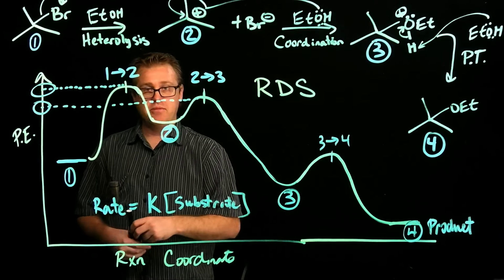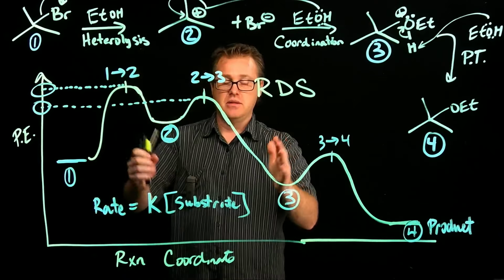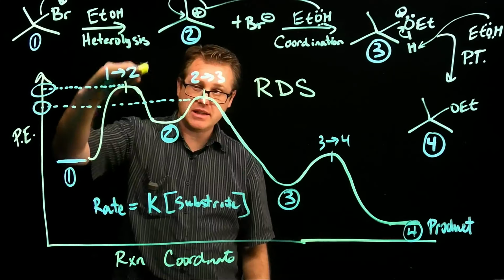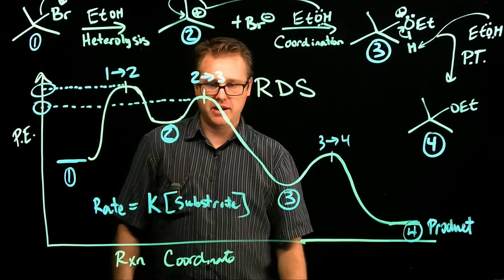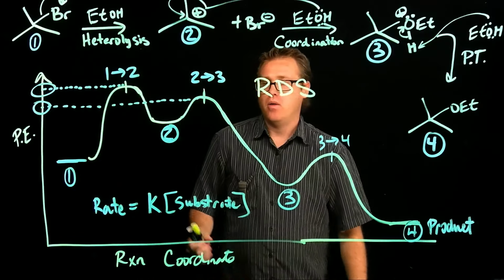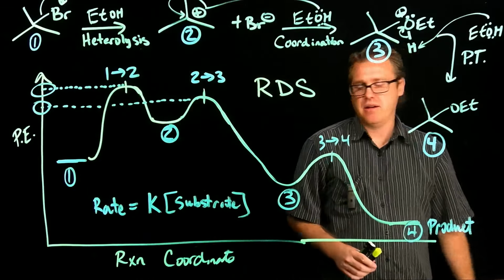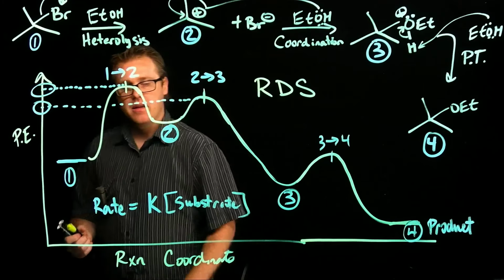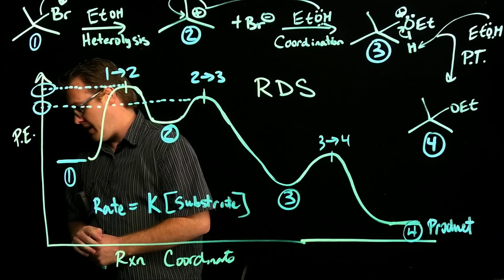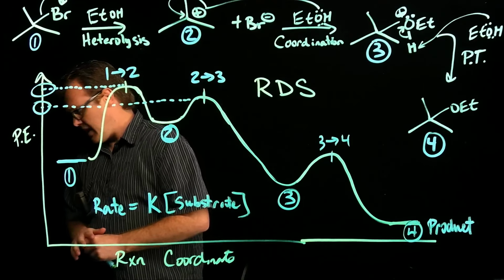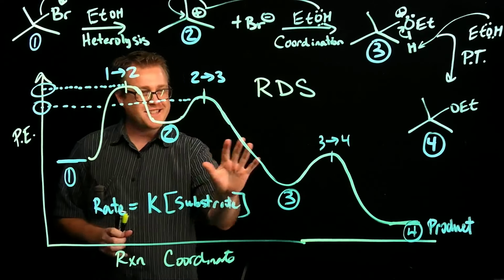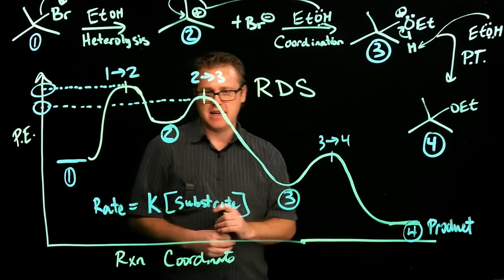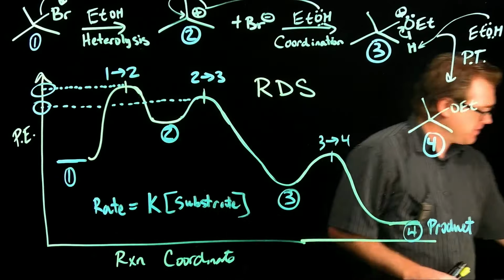Okay, so for this example, whenever you find something with the tallest peak, that's the rate determining step. Now, there's an exception to that I'm going to show to you in a minute. But I just need to make sure, before I erase this, there's nothing else that I need to say about this.